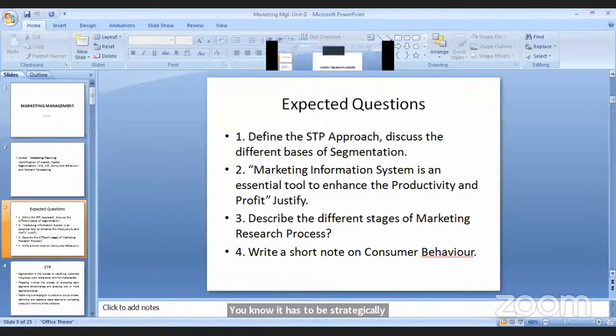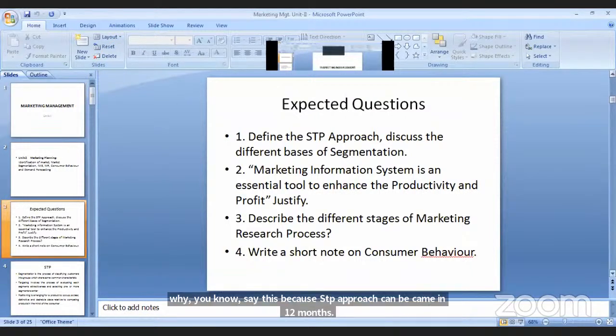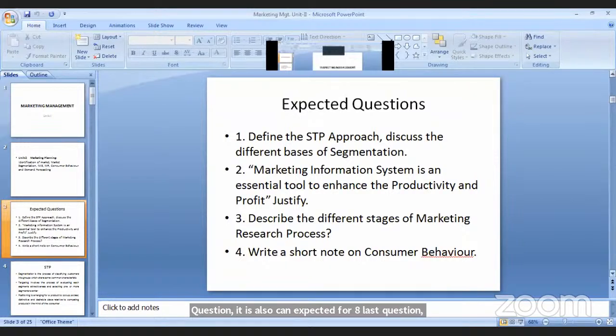I said this because the STP approach can come in a 12 marks question, it can also be expected for 8 marks, and also for 5 marks. Consumer behavior is not expected in a 12 marks question, maybe it is an 8 or 5 marks question.